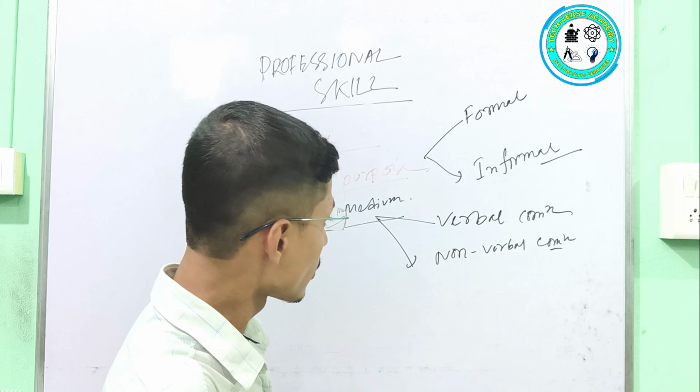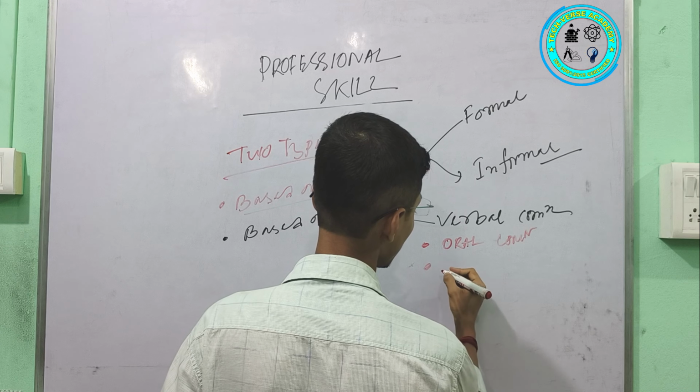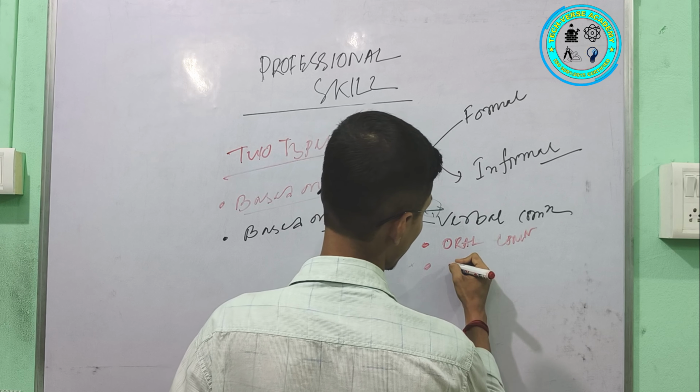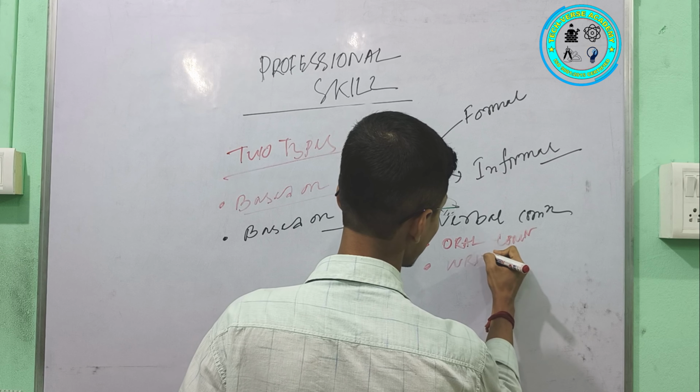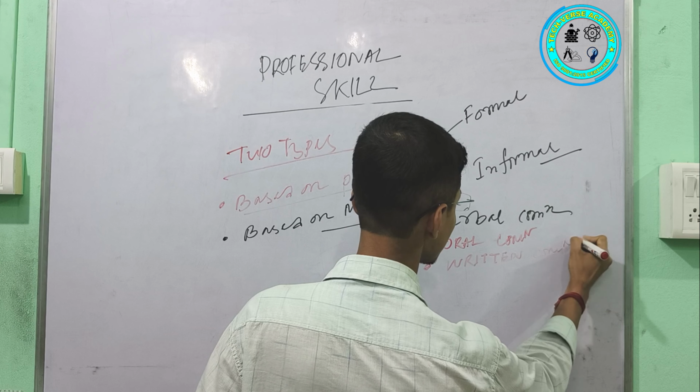So further, verbal communication is classified into two types. One is oral communication, as I explained in my previous description, and another one is written communication.